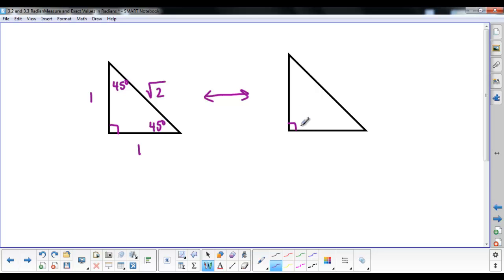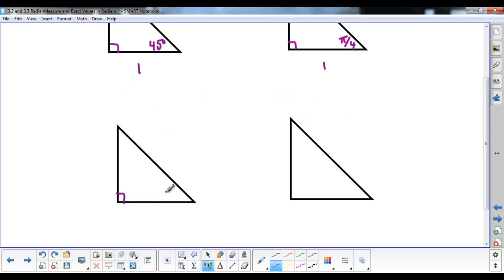Now remember from a couple of slides ago that 45 was really just pi by 4. So anytime you see pi by 4, you can recognize that that is a special triangle. The side lengths opposite of the pi by 4 are 1, and the side length opposite of the right angle is √2. So let's do the same thing for the other right triangle.